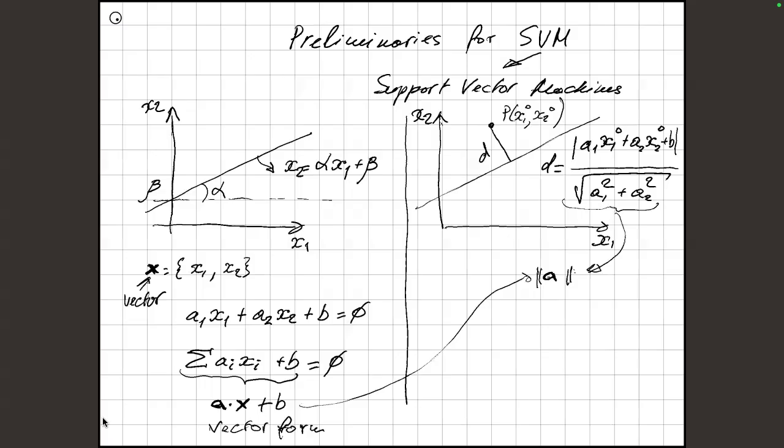So what do we have here? We have coefficients for each coordinate in our space, and it's a vector.